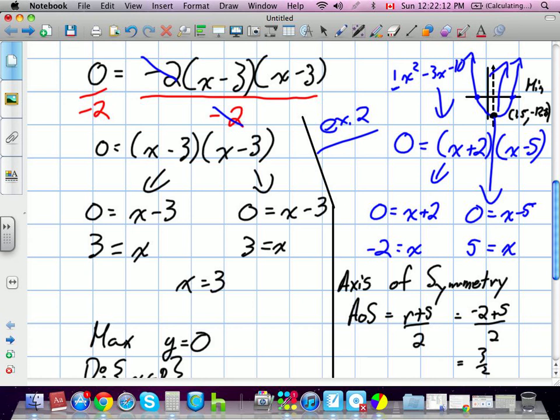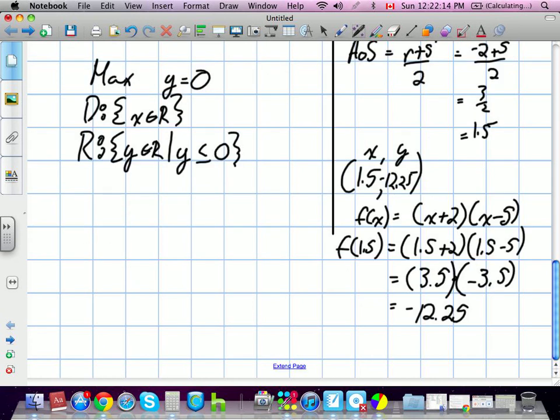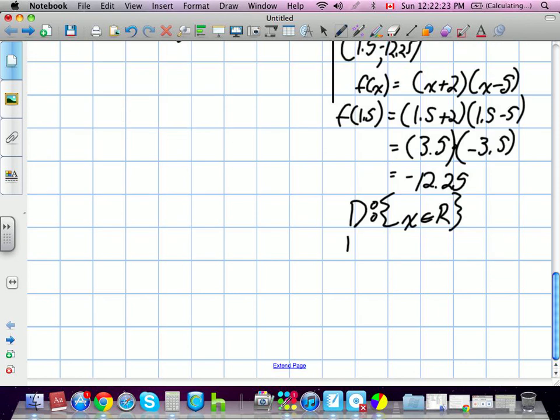So domain, just like you said, is x, all real numbers here. And the range is y, all real numbers such that y is greater than or equal to negative 12.25, which is our minimum point. So, a whole lot done there.